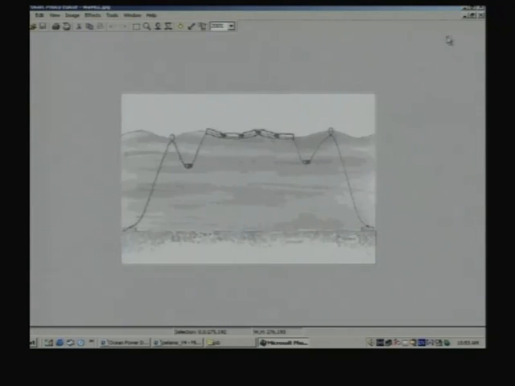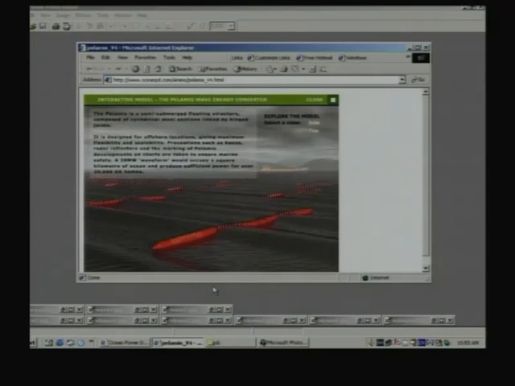Let us show some pictures of it. Probably it is visible, right. This is the concept where there would be this kind of cylindrical things connected by hinges like this, and as the wave propagates, these individual ones will move, right, and as a result there will be energy available at the hinges.